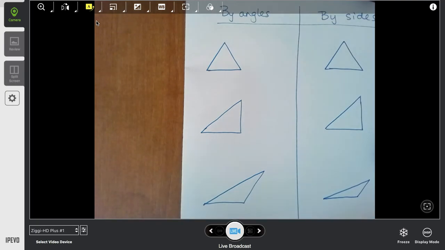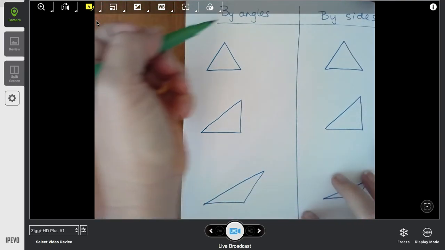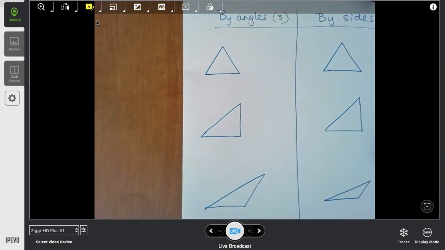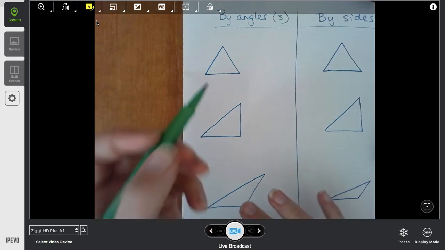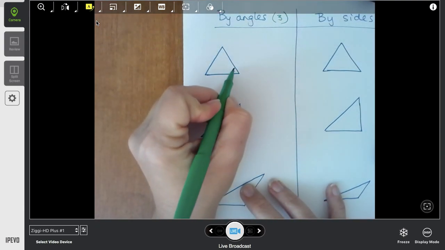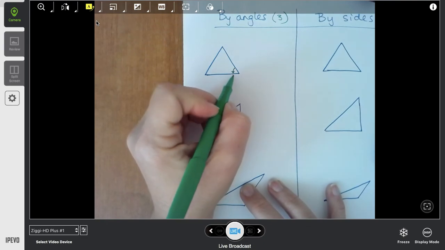So this very first triangle, all triangles have three angles, because it has three sides, it has to have three angles. All the angles of a triangle will always equal 180 degrees, and we'll talk about that more in just a little bit. This little angle right here is called an interior angle because it's on the inside.